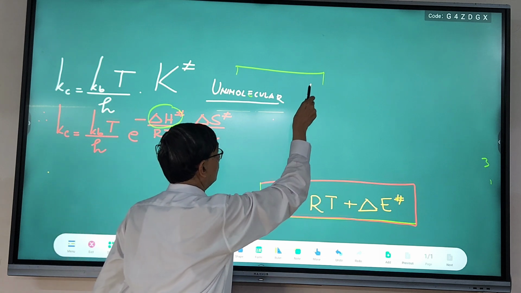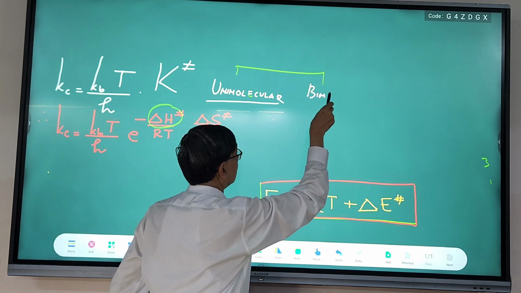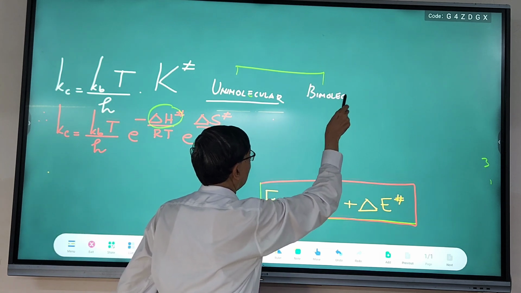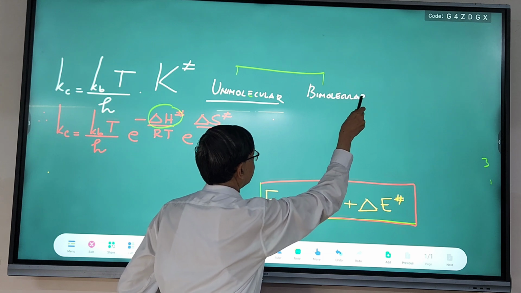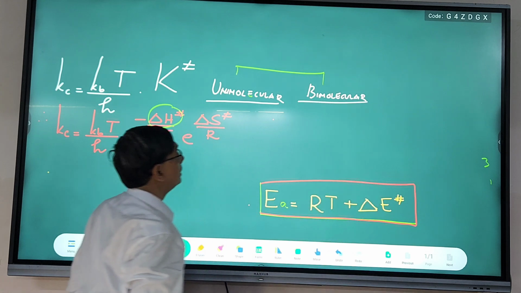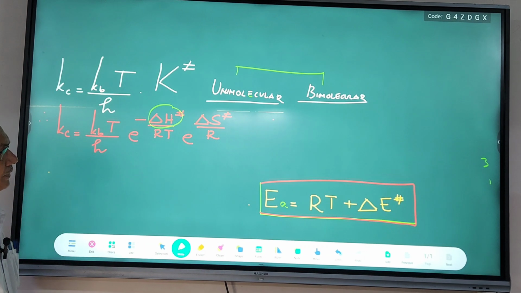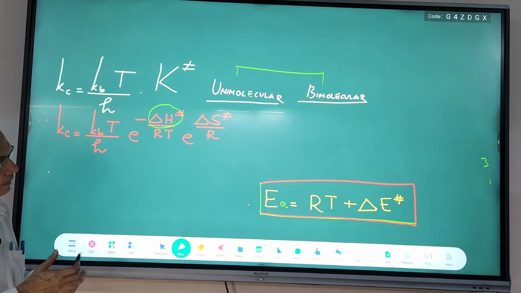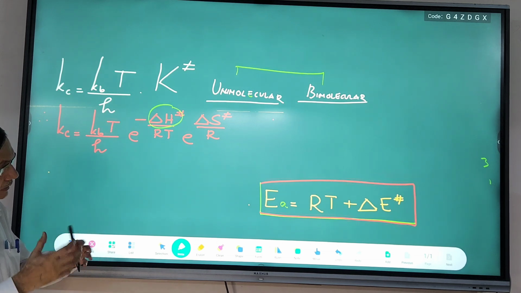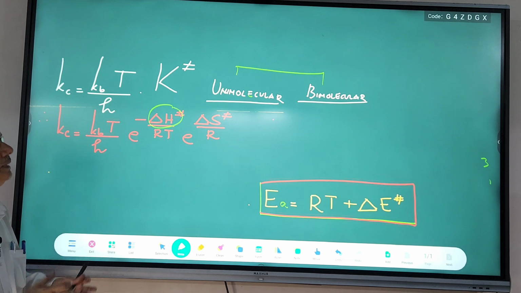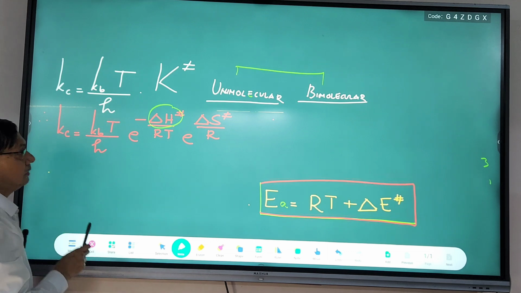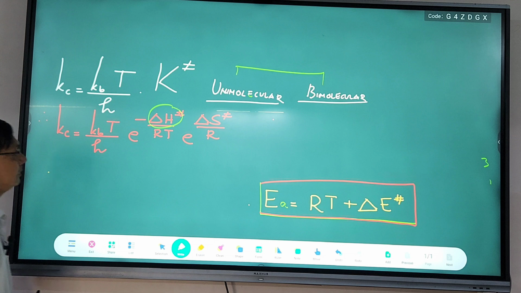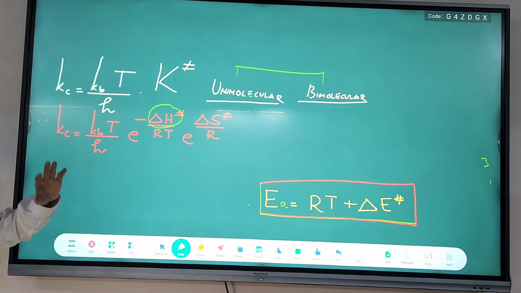Another is bimolecular, gaseous reactions and other things. Now, if you ask me, sir, what is the relationship between EA and delta H and RT, let me solve the unimolecular case first, and then I will talk about the energy diagram.